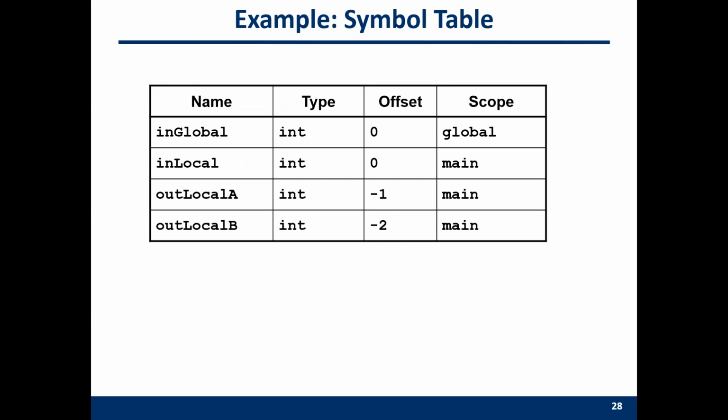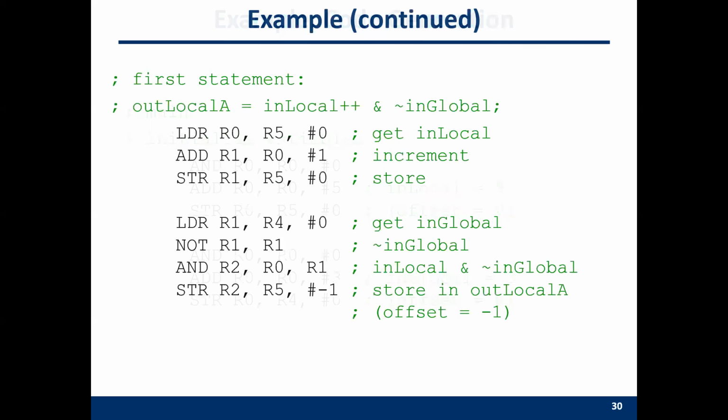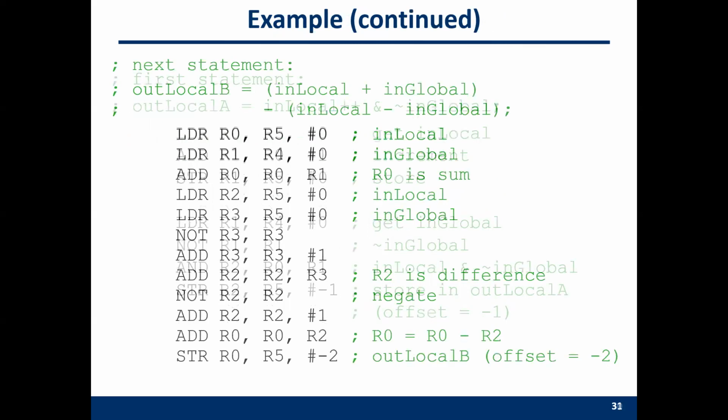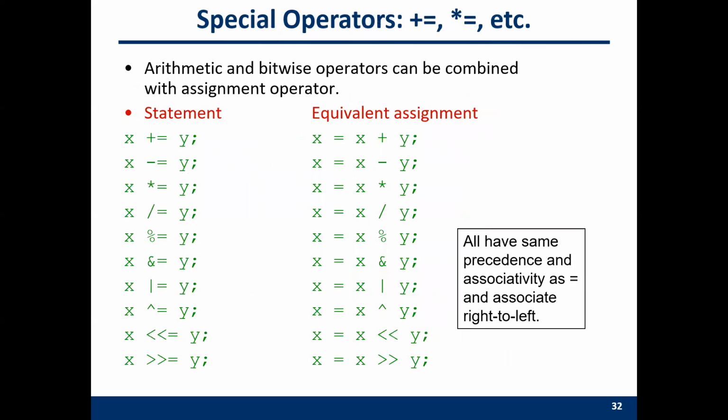This is the scope. Only the first one is the global variable. And here is the LC3 assembly code generated by the compiler. I will post the compiler on Canvas. You can also try this yourself.